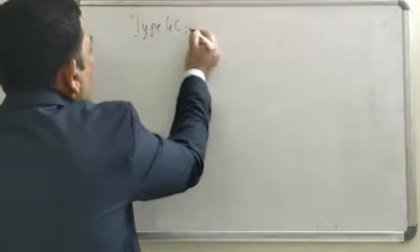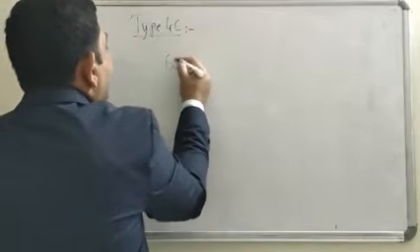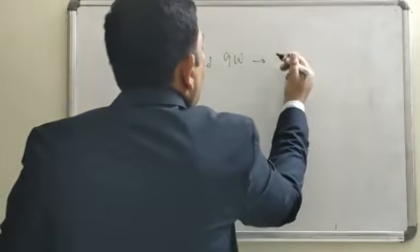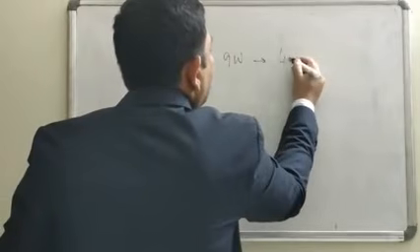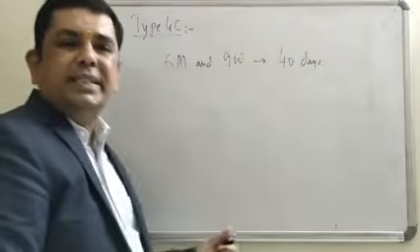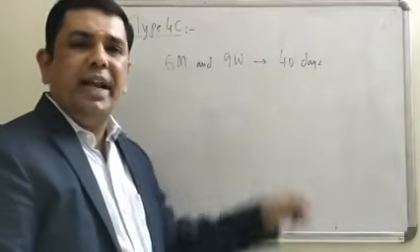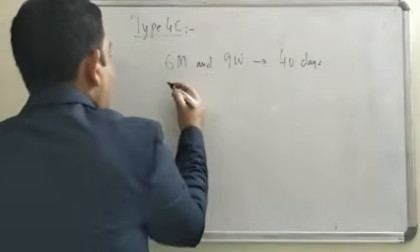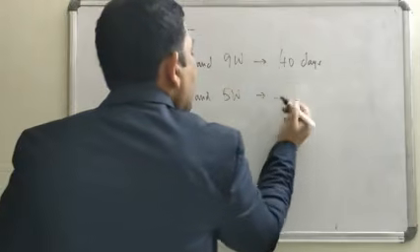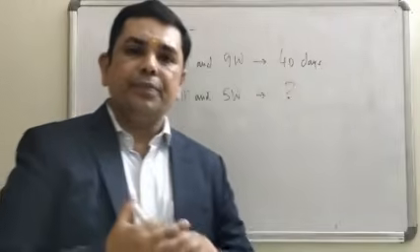Please listen to this question very carefully. 6 men and 9 women can do a task in 40 days. Then 7 men and 5 women can do the same task in how many days?